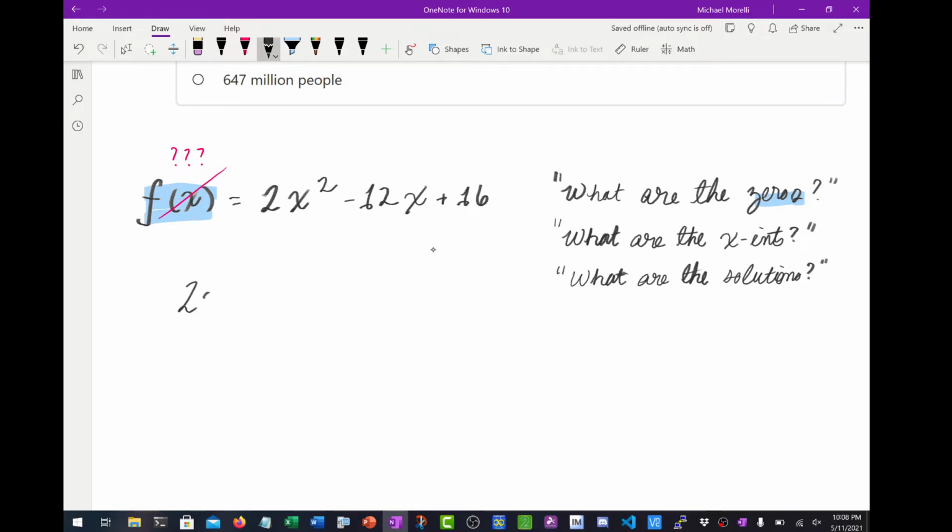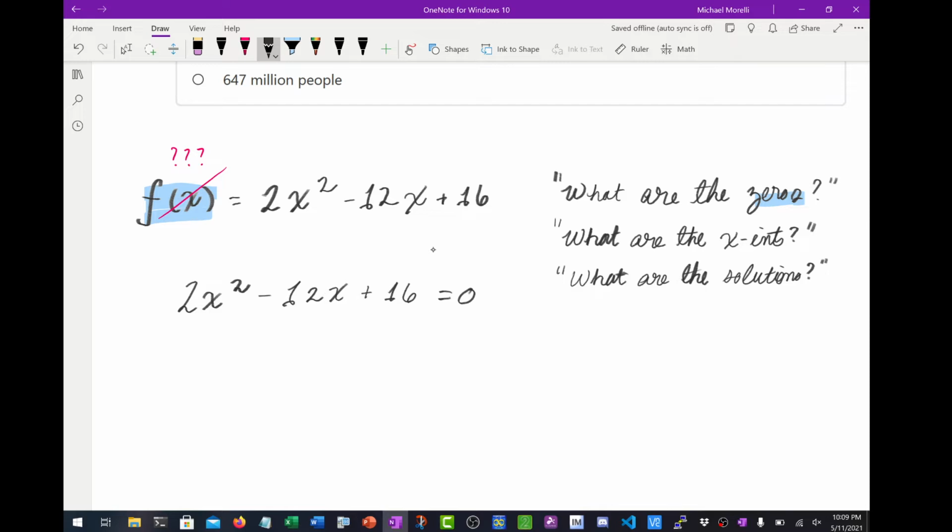So we're going to write 2x squared minus 12x plus 16 equals 0. Okay, so now there's yet another hurdle. So we've had 2 hurdles so far, now the third hurdle.